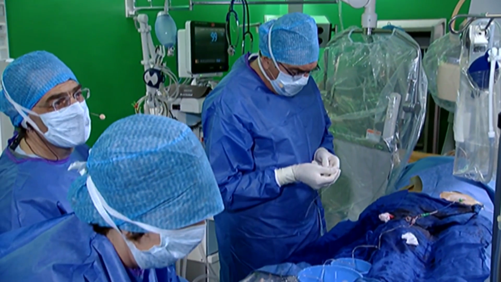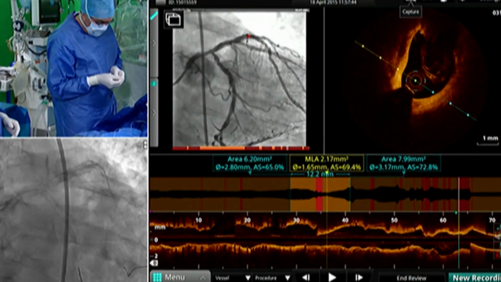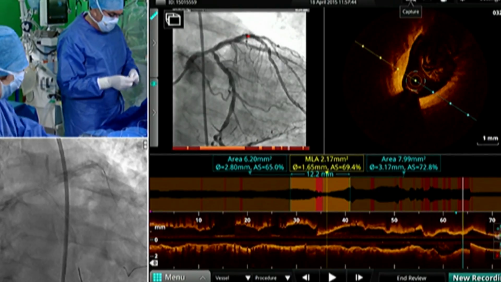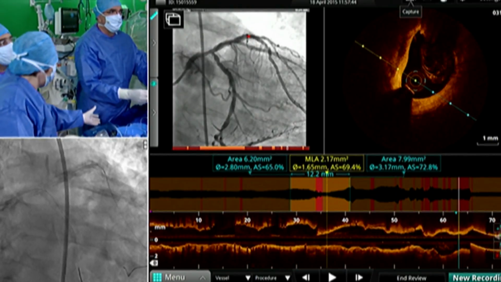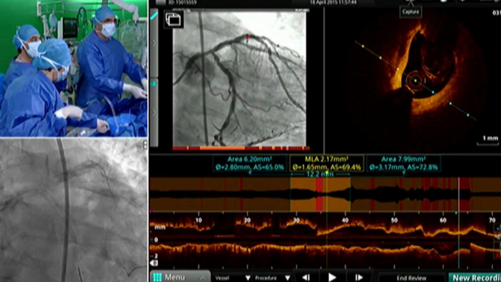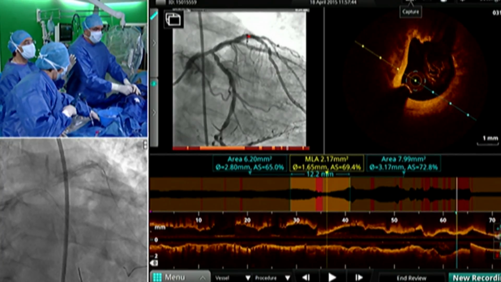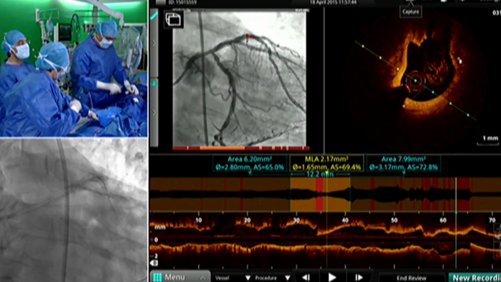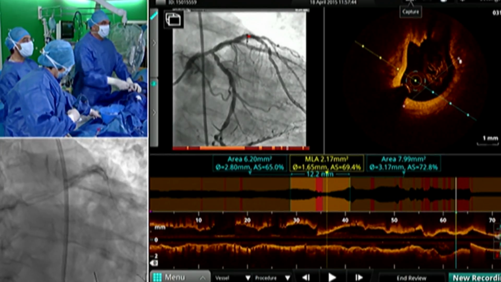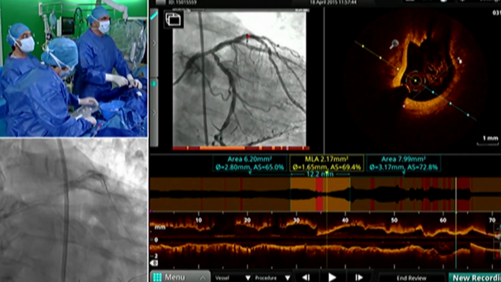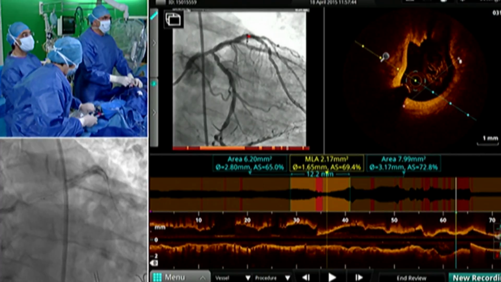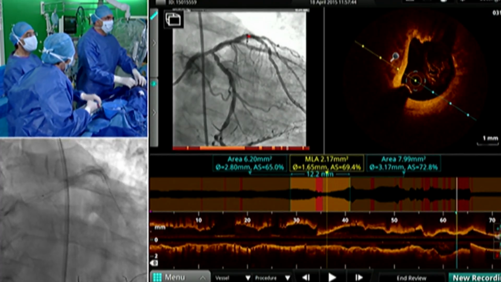So here you can see the left main. You can see that the calcification is still involved in the left main. From 9 to 11, it is hugely calcified. The calcified plaques are very sharp in terms of interface. You can see very bright toward the lumen at this point, and then you can see the content below.